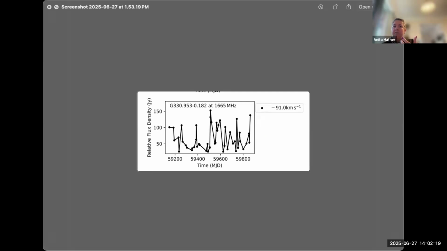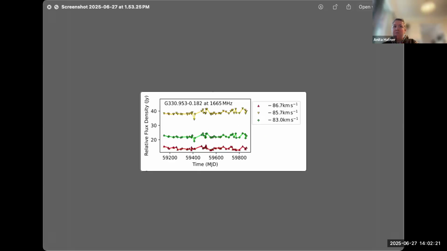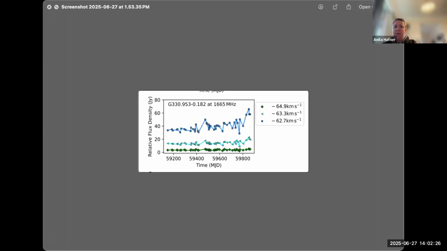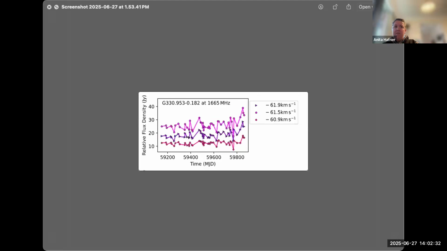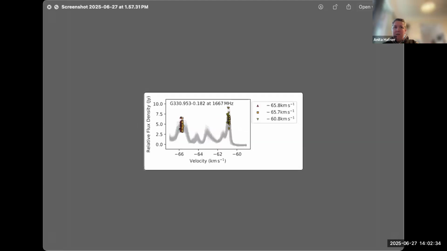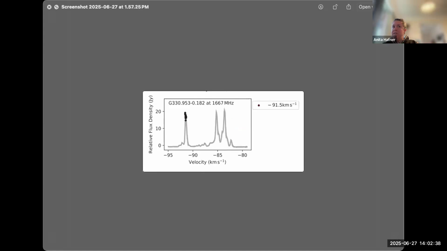If you look at the behavior of the flux of the other masers, they're relatively constant. They kind of vary with one another. There's some variability in there, but nothing like that one feature. There are also features in 1667 at similar velocities, so they might be associated.